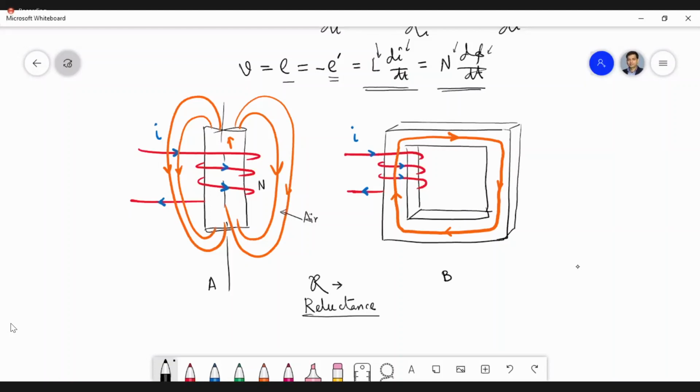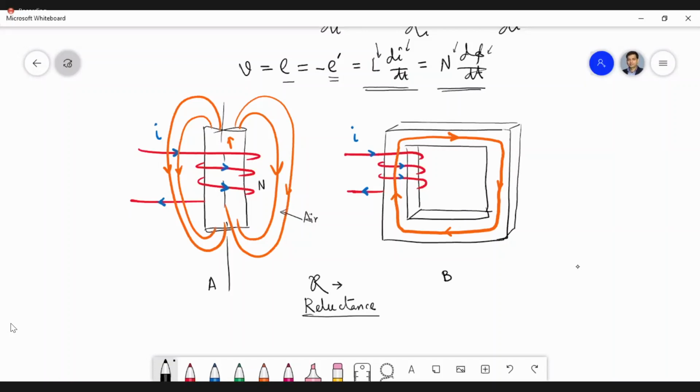In the second configuration, flux finds a path through iron only. It is not facing any high reluctance path like air. The total path of the flux is confined within a ferromagnetic core.